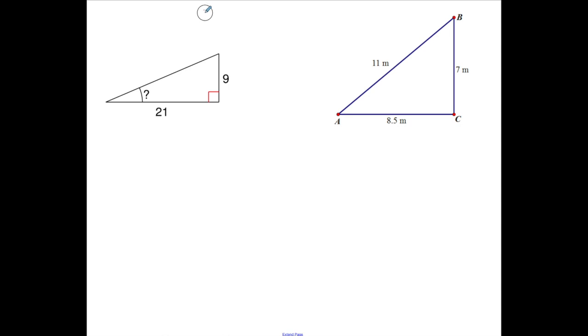But now let's say we actually want to find angles. This is when we do inverse trig. Because if you look on your calculator, you'll see little symbols right above the trig functions, like sine inverse, cosine inverse, tan inverse. That's what we're using here. So first thing is, look at the angle we're looking for, circle that.